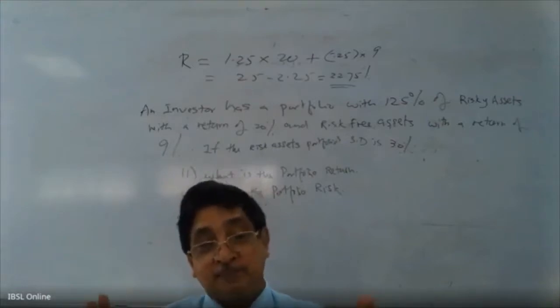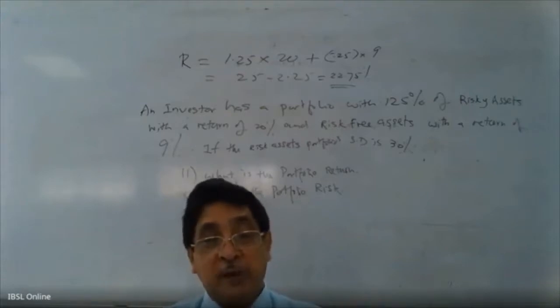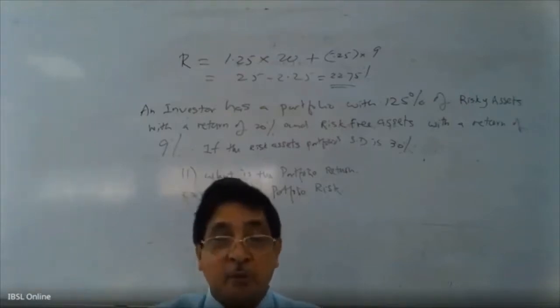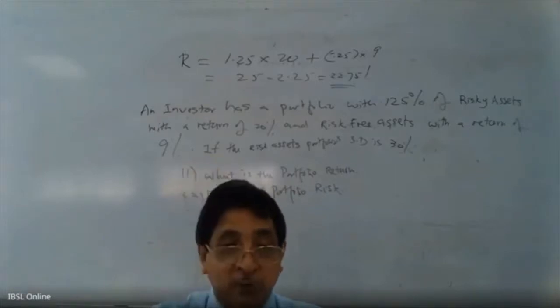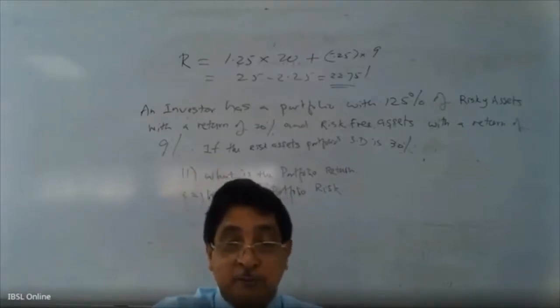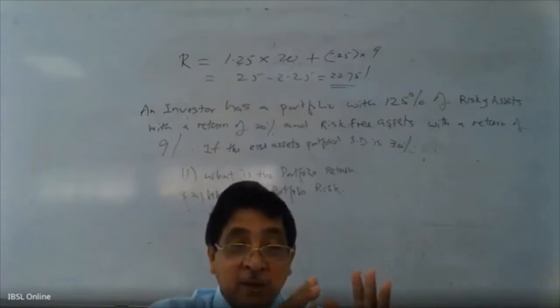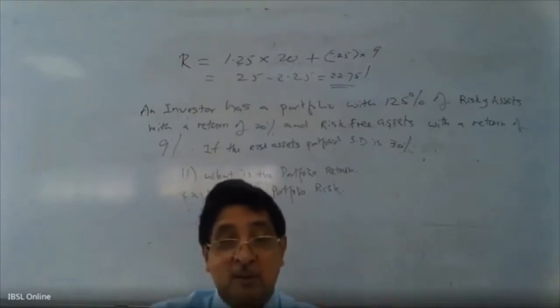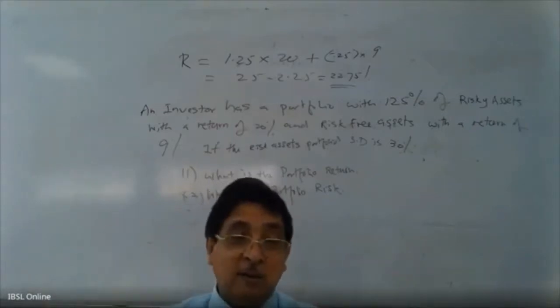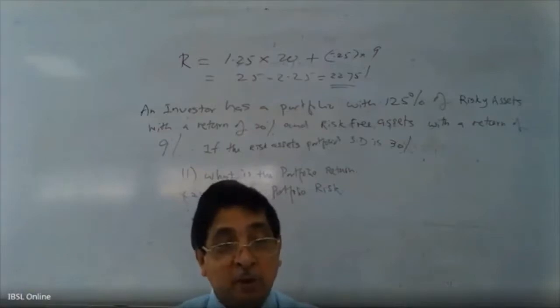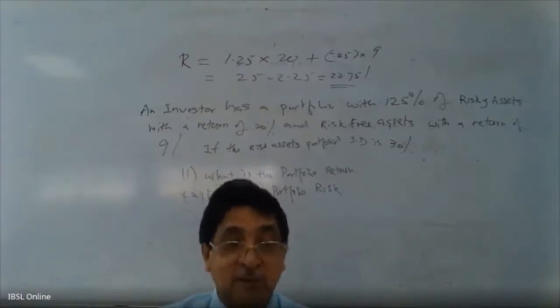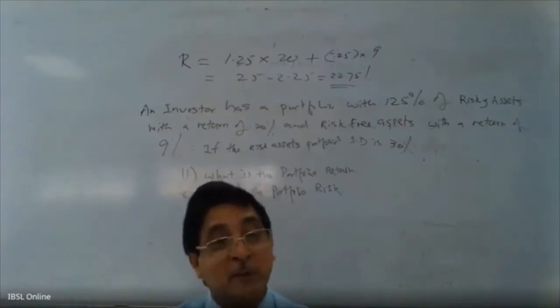It's like this. Now, when we say there are only two types of portfolios, one portfolio is a risk-free portfolio and the other one is a risky portfolio. Now, when one invests 125% in risky assets, in order to have a total of 100%, you need to have minus 25 from the other asset.